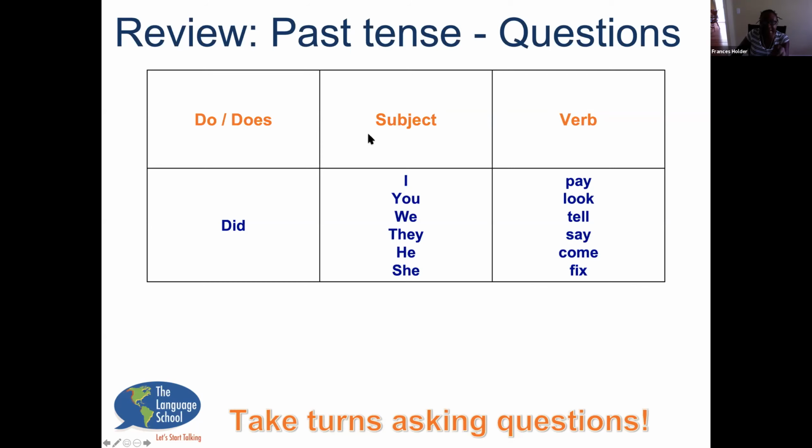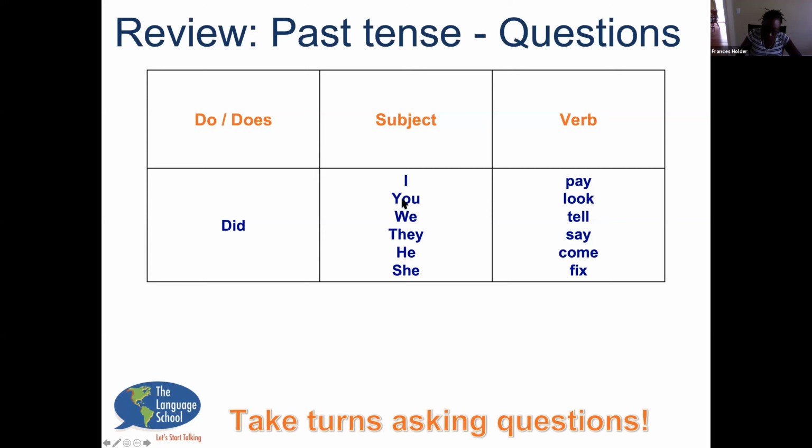So in this sense, it's irregular, because it's spelt completely differently from what you would expect it to be. But in pronunciation, it sounds as if you're just adding a d. Paid. So if I said to you, did you pay for the groceries in your apartment last week? You might reply, yes, I paid for the groceries. Okay.